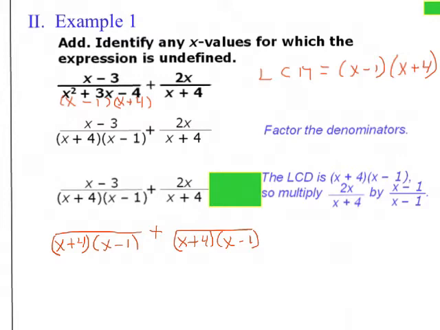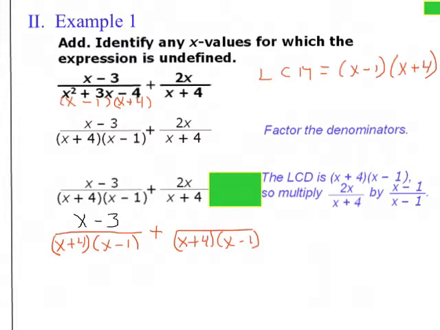If my least common denominator is going to be these here, my LCM, notice here, what do I need to do to x plus 4, x minus 1 to make it x plus 4, x minus 1? Hopefully your response is, we don't need to do anything. It's already the same. Alright, so since we don't need to do anything, I'm going to bring the x minus 3 down. Okay, so let's go ahead and I'm just going to bring it down and put it right here.